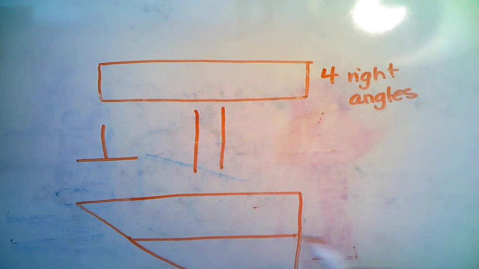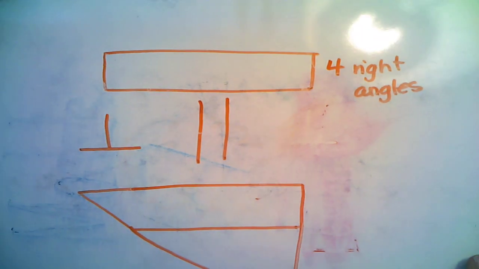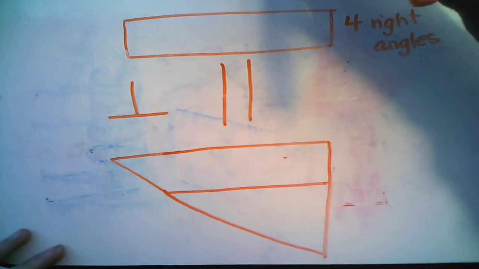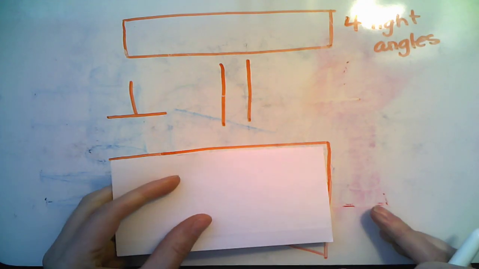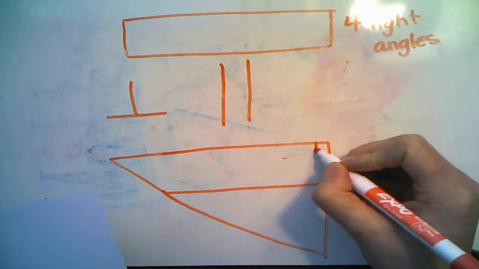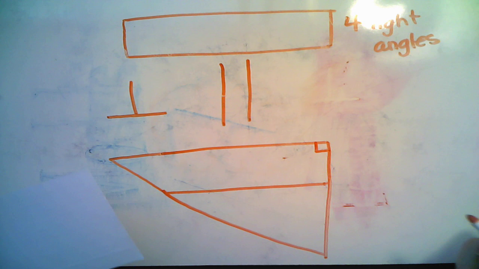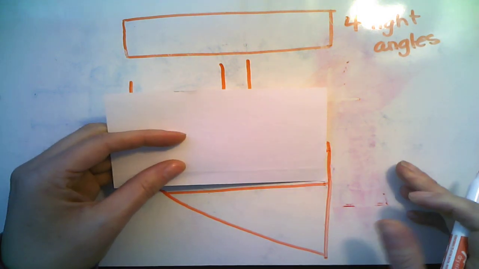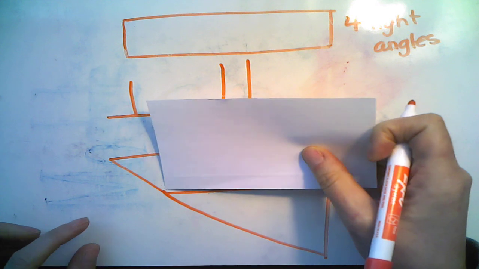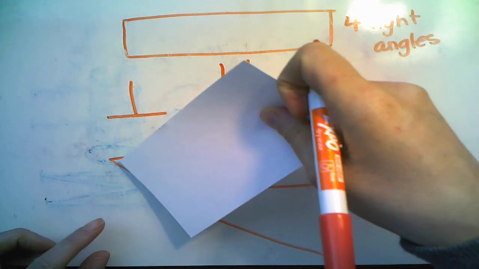How about this one? This little creature down here that I've created. Does this have 4 right angles? Well, let's see. It has 1. This is a right angle, and this is what they usually draw to show that it's a right angle. This is a right angle. No. Can I put that in there?